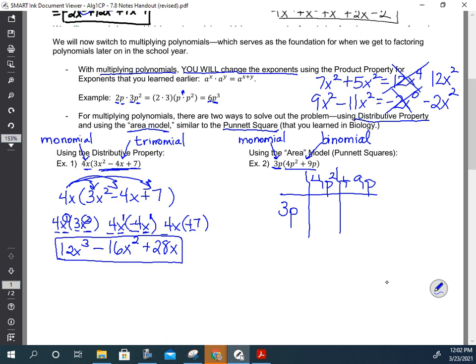So now we multiply. 3p times 4p squared. 3 times 4 is 12. P times p squared, p to the third.